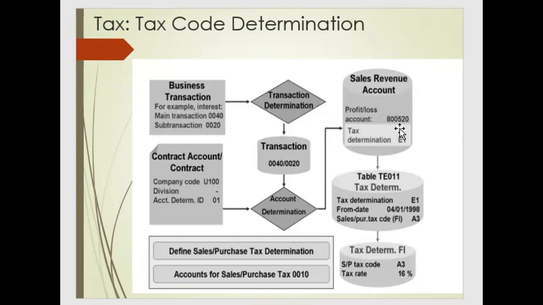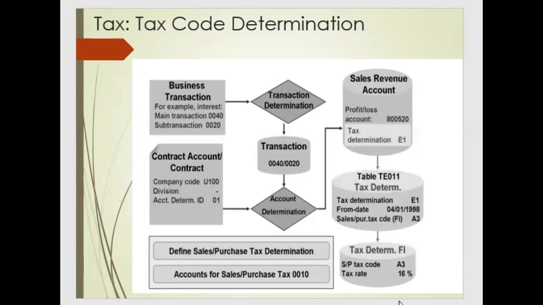And that's how you can see we have a tax determination and we have account sales purchase tax code, right? Now you can understand we have two major things here, tax code and tax determination. Tax code defines the percentage, whereas tax determination links the calculation part of that.